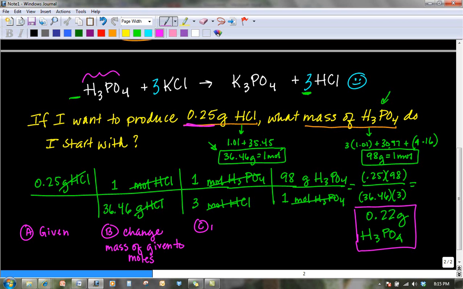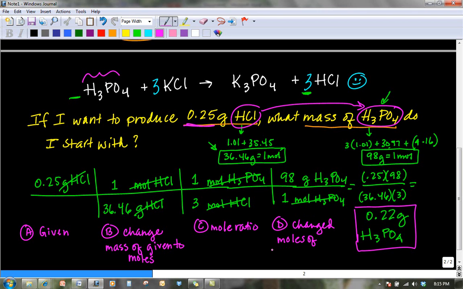Step C, we use the mole ratio in order to change from the given compound to the wanted compound. And then in step D, we changed moles of what was wanted to grams of what was wanted. And we came up with our answer.